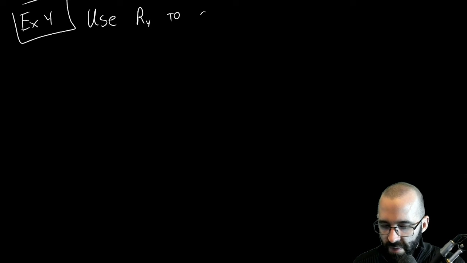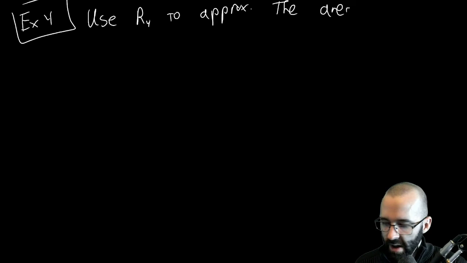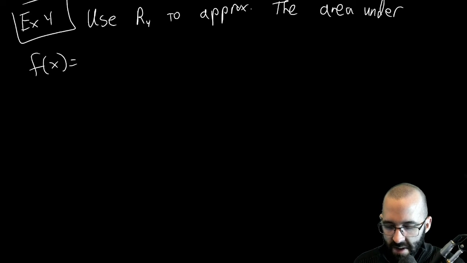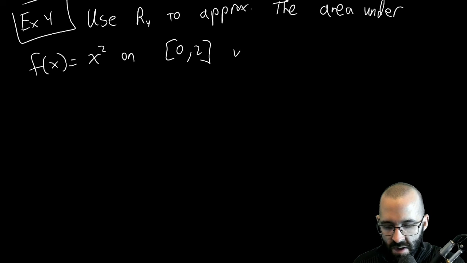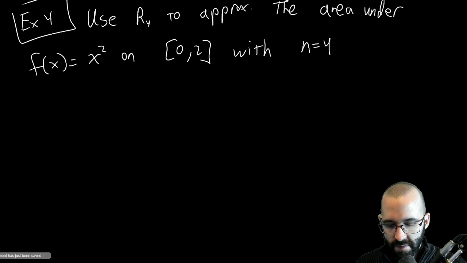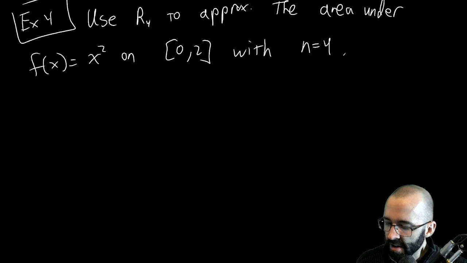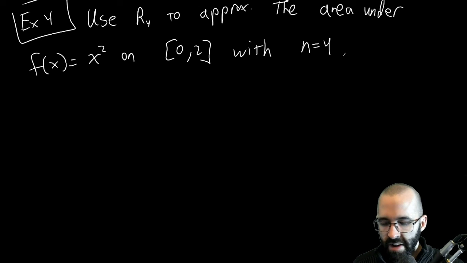Use R4 to approximate the area under f of x equals x squared on the interval from 0 to 2, n equals 4. And you can do a lot of other things. You could find L4, you could find R6, you could do whatever you want. The best way to do this is always going to be with a picture.